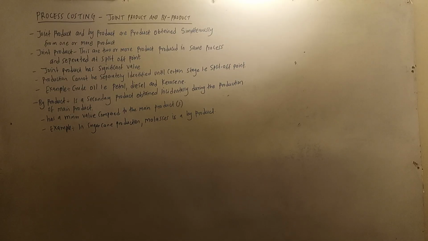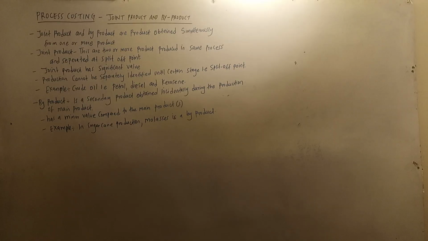We can only identify the products when we reach the split-off point, where we separate, for example, crude oil so that we come up with petrol, diesel, and kerosene. If we haven't reached the split-off point, then production cannot be separately identified.